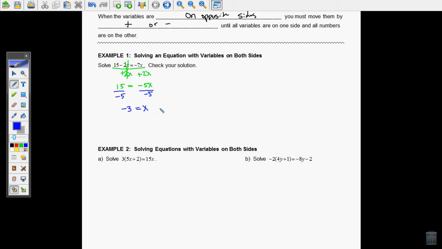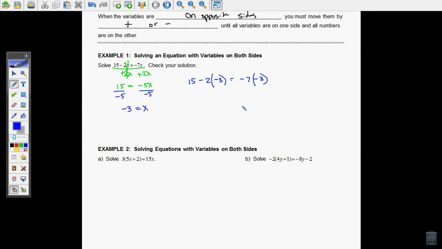Checking your solution again is always a very good practice. You should be able to say 15 minus 2, and then the x value that makes this equation true should be negative 3, equals negative 7 times our x value, negative 3, and this equation should come out correctly.